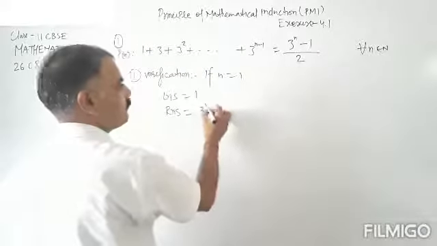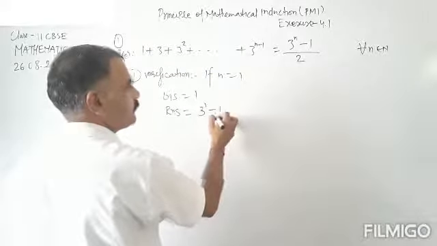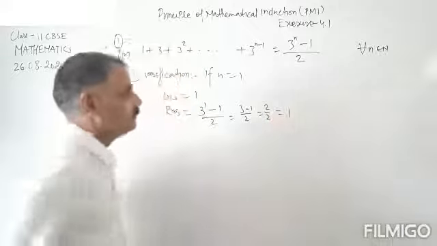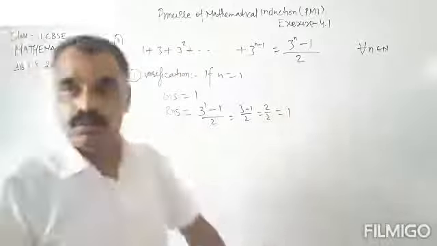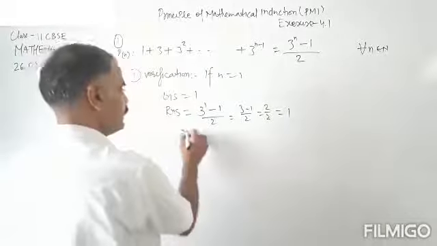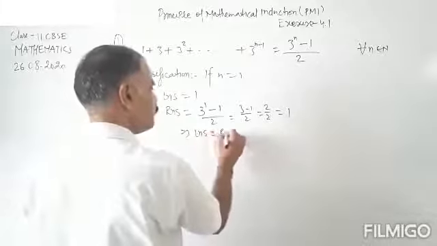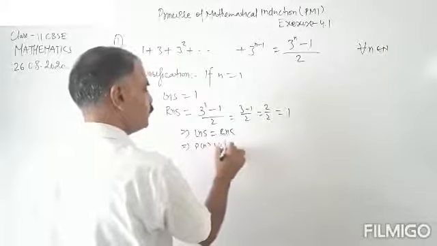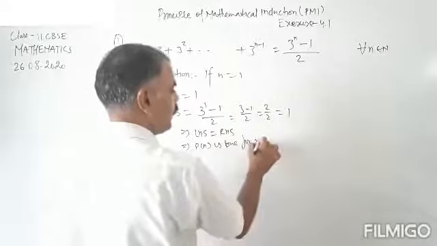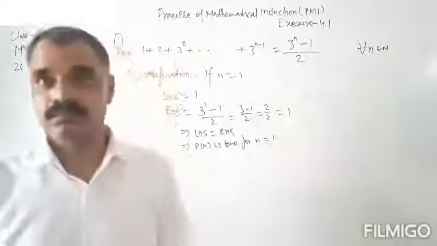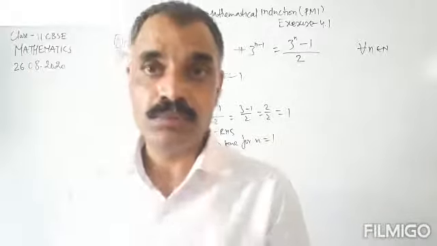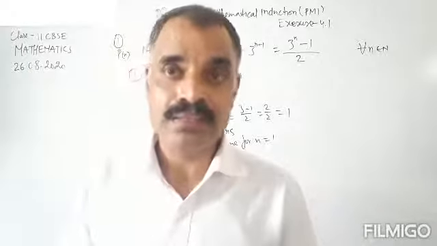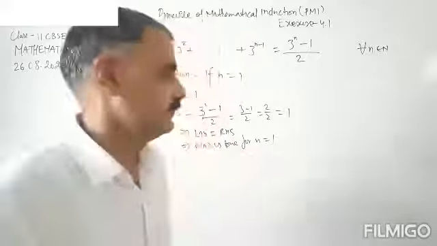So 3 to the power 1 minus 1 upon 2. 3 minus 1 upon 2, that is 2 upon 2, is also equal to 1. So the left hand side is equal to the right hand side, which implies that Pn is true for n equals 1, hence verified.